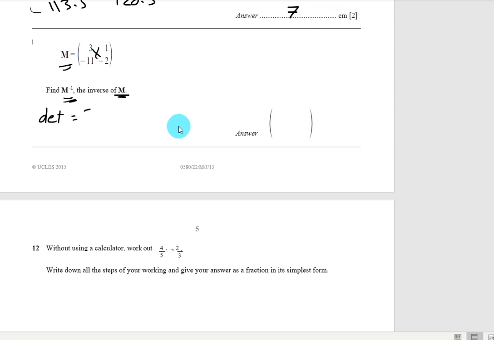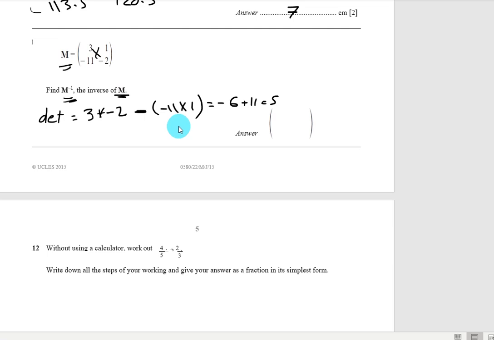So 3 multiplied by minus 2. Don't forget the minus, this is very important. Minus minus 11 multiplied by 1. So it's equal to minus 6 plus 11 equal to 5.